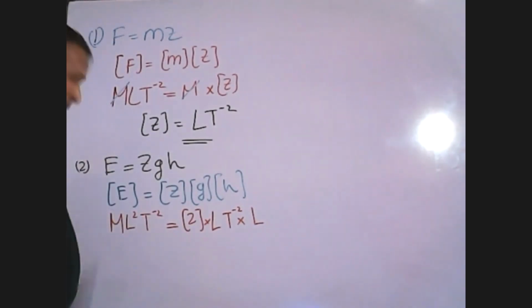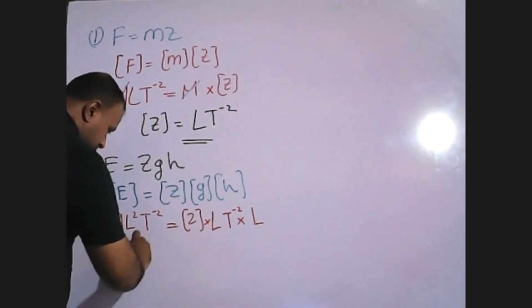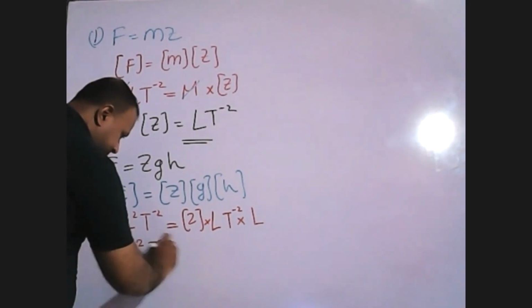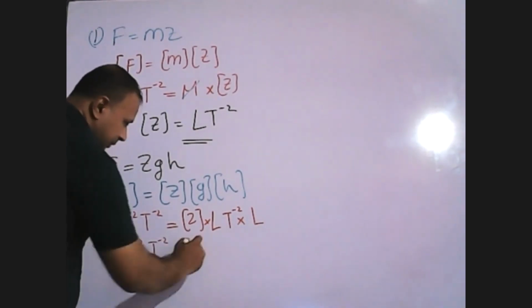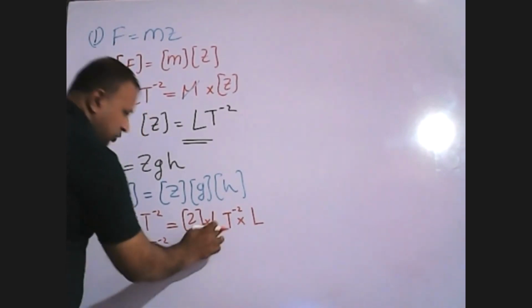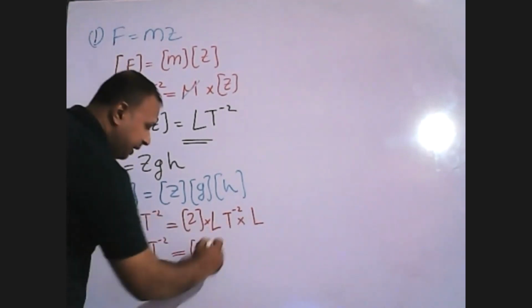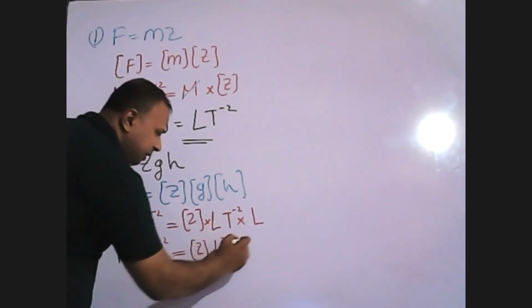Then I can write this one again, or you can do it from memory. This one, L and L. There are two L's. That means L squared and T minus 2.